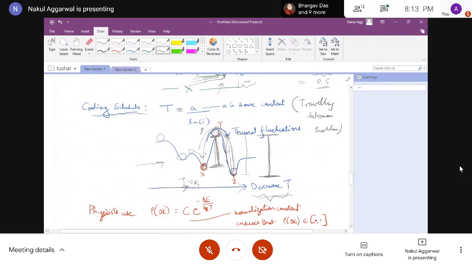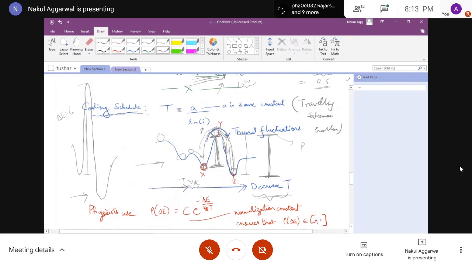Another major drawback is these thermal fluctuations. Obviously, they have a certain probability associated with them, but if the energy barriers are too high to cross, let's say something like this, and we want to reach here. We have already seen even for delta E equal to 6, if we are very close to the stopping criteria, there is no way it will cross this potential.